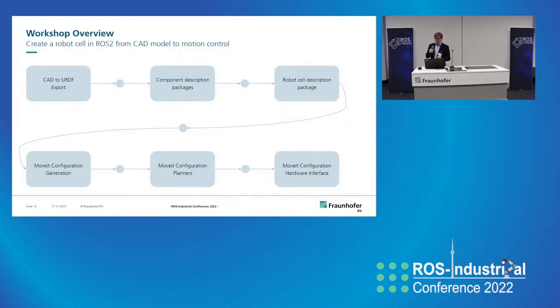Then we're going to show you how you combine component description packages, so how you combine the cell with the robot and the gripper. And finally, we're going to get into how you create from that model your MoveIt configuration package, including the planners and the hardware interface to the robot, basically the integration of the driver.